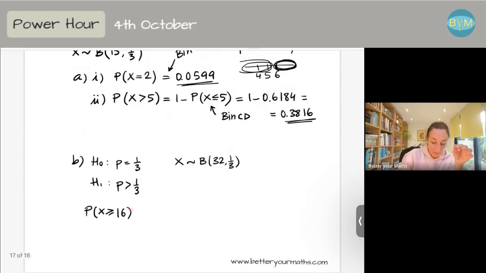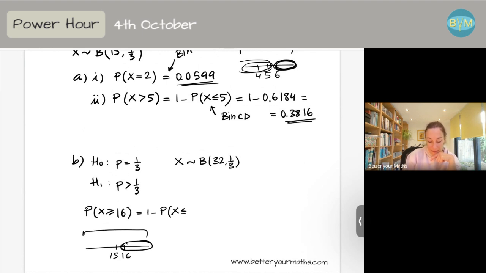Now, what is this probability? 1 minus probability of X smaller or equal than what? If I want 16 or more, I'm going to do 1 minus this probability. So 1 minus 1 less. Calculator, be careful because now n has changed and we have 1 minus.